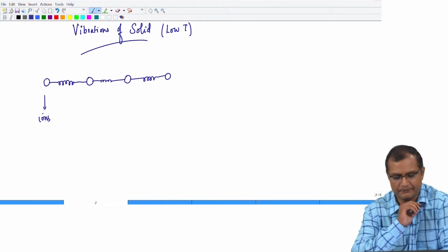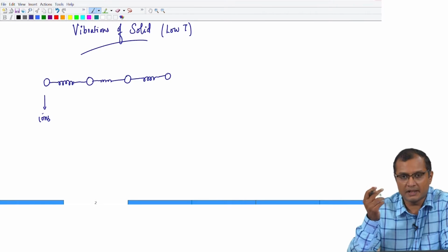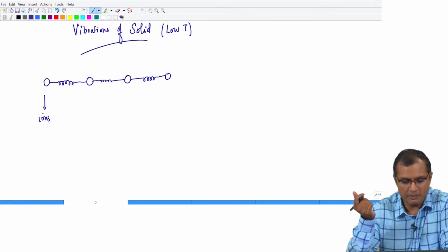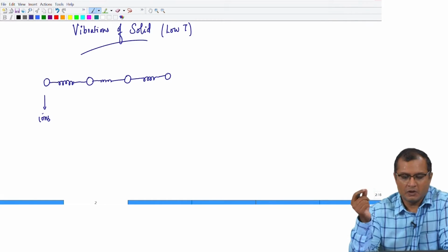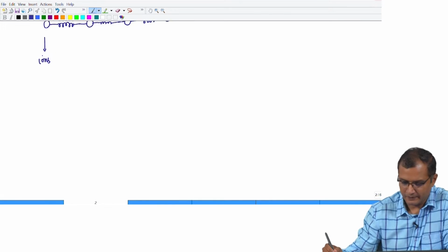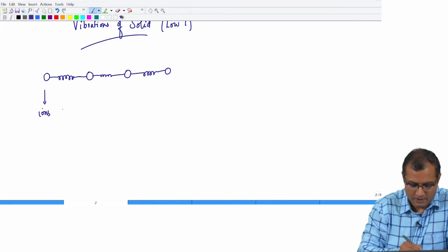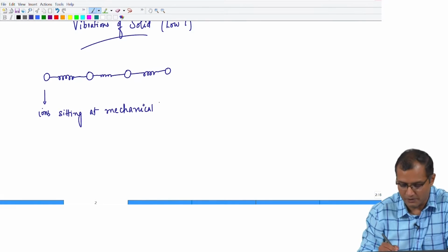in one dimension. So, at low temperature these ions would be sitting at equilibrium, mechanical equilibrium, which would be like the potential energy minimum of their nearest neighbors. So, they are sitting at mechanical equilibrium at t tending to 0 or t equal to 0.